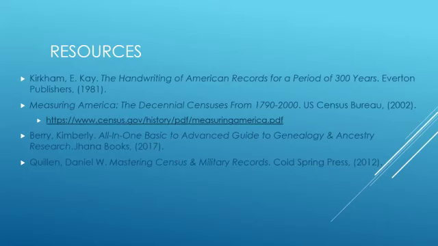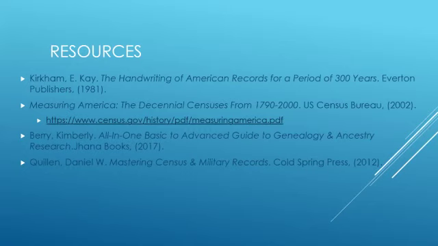Again, I'm going to mention Measuring America, the decennial censuses. And then there's the All-in-One Basic Guide to Genealogy and Ancestry Research. I recommend getting your hands on this through your library as well. It's like having a mentor for your genealogical research in a book.